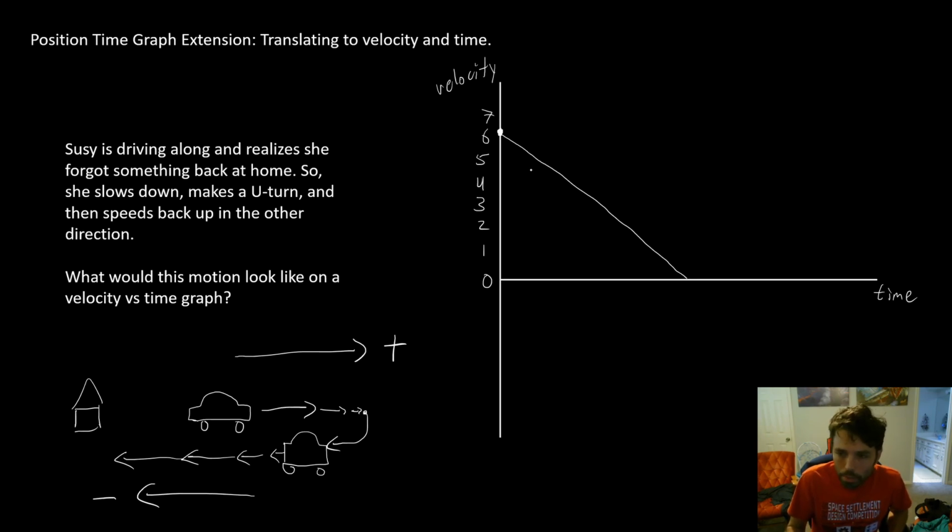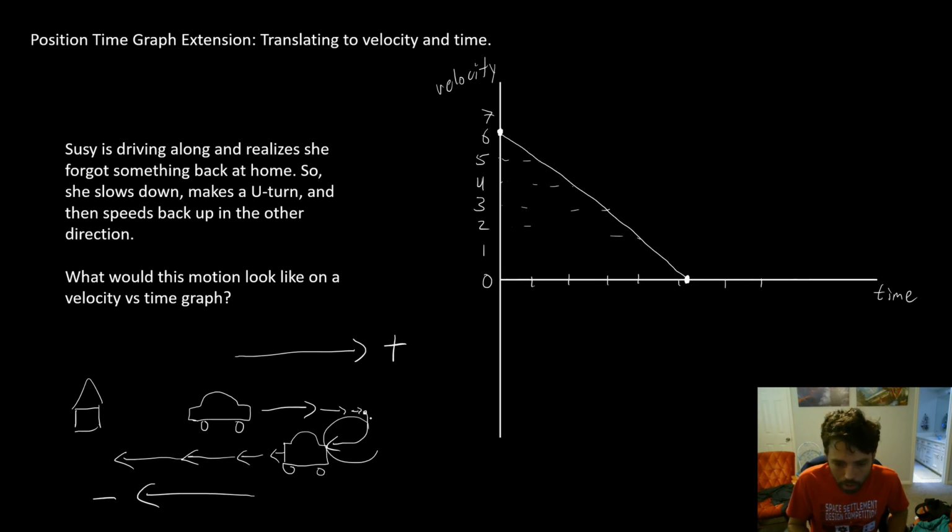Now look at my graph. As time progresses, what's happening to Susie's speed? Well, it starts off at 6, let's say, and then it becomes 5, and then 4, and then 3, and then 2, because she's slowing down. But they're still positive numbers because she's still going to the right. At some point, her velocity is here. When it crosses the x-axis, that corresponds to this point right here, the moment she actually stops. The moment she stops, her velocity is 0.